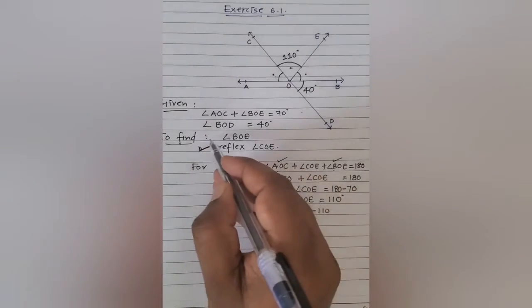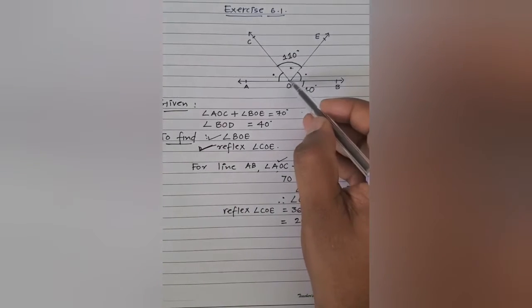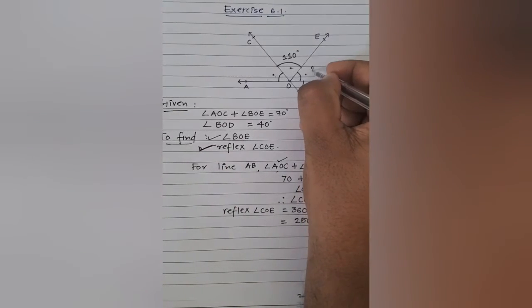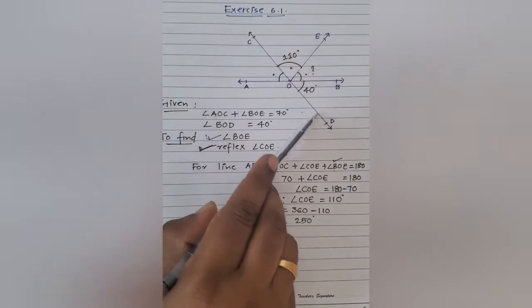Now what is left to be found? Angle BOE. Where is our angle BOE? Here it is, BOE. We have been expected to find this. Now, if you look, apart from line AB, there is another line, and that is line CD.